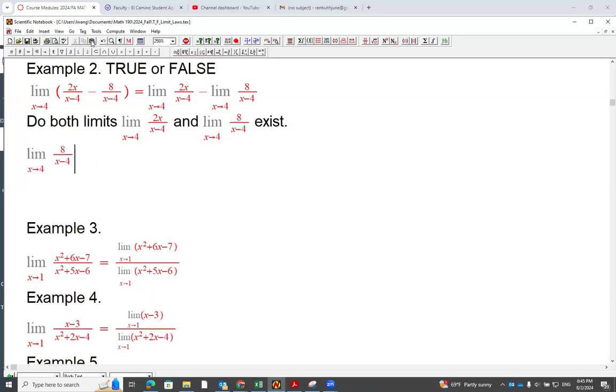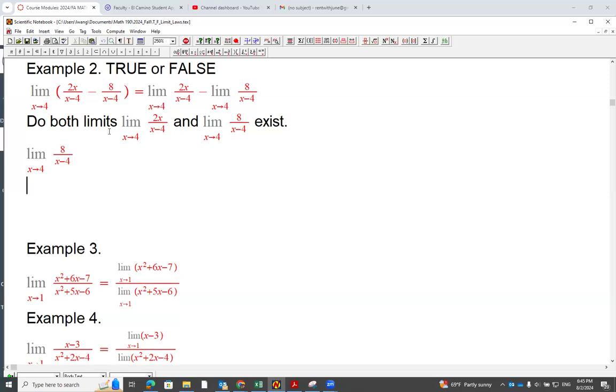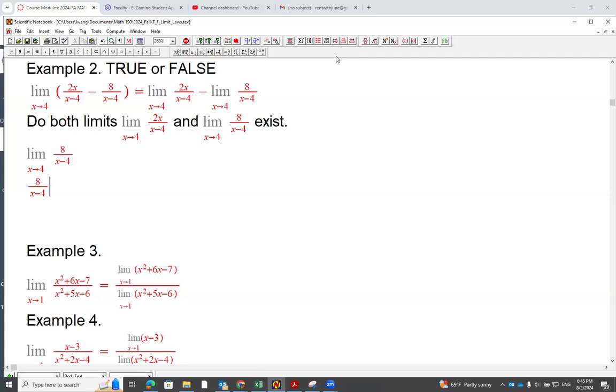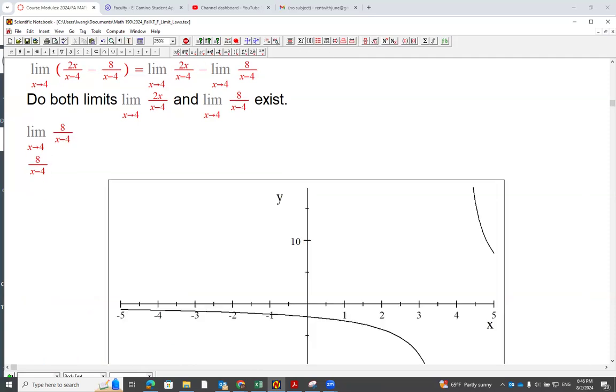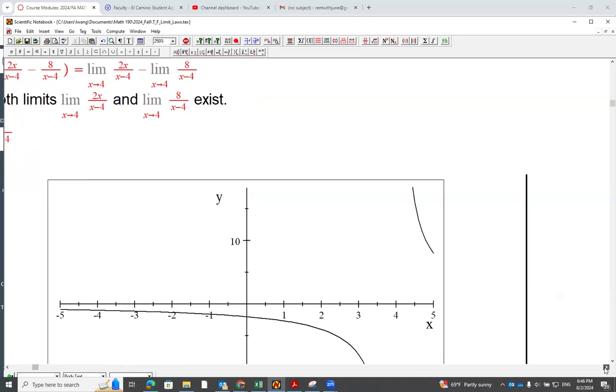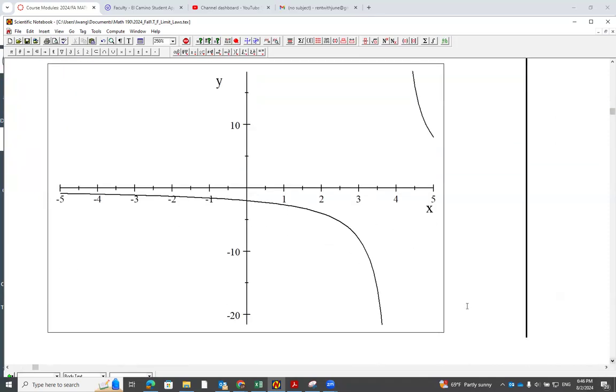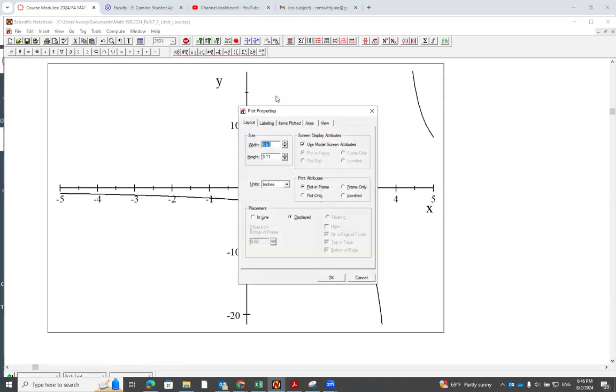If one of them does not exist, for example, if x is approaching 4, that means x can approach 4 from either side. So from the graph, this is very similar to the 1 over x situation we just discussed.